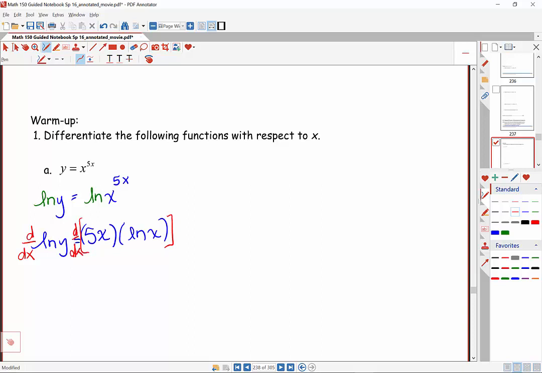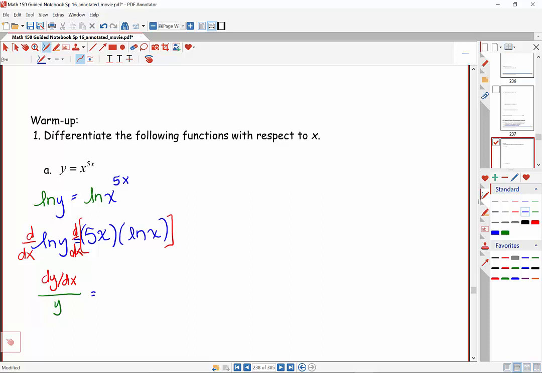we will have an implicit differentiation on the left side, right? So we'll basically have dy/dx over what you originally had, which is y, or y prime over y, and that's going to be equal to, look at what we have now, it starts with a p.